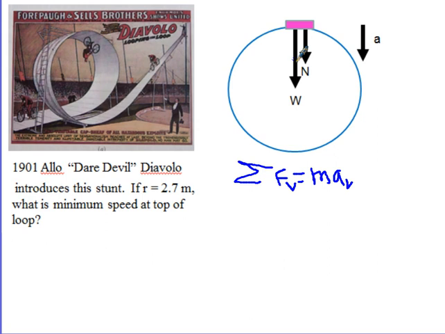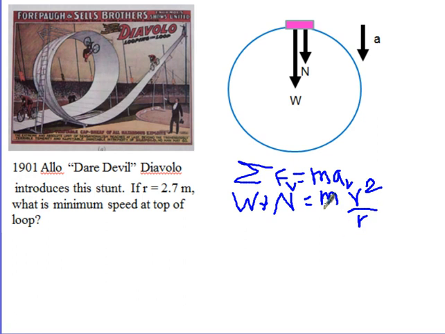So it's a lovely agreement here, and what you have is the weight plus the normal is causing this mass to accelerate towards the center. But of course, the acceleration is going to be centripetal acceleration, so it's going to be v squared over r. It's going to be that acceleration.